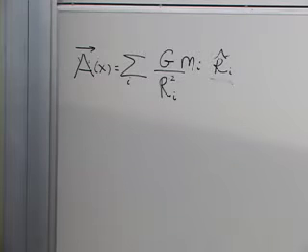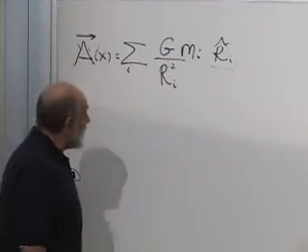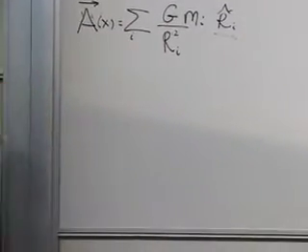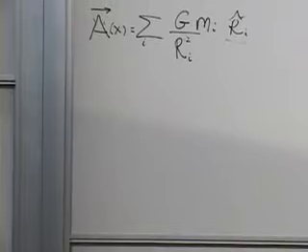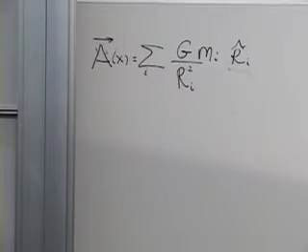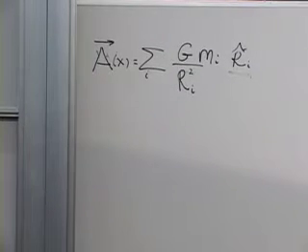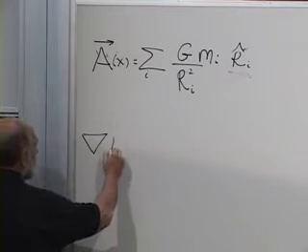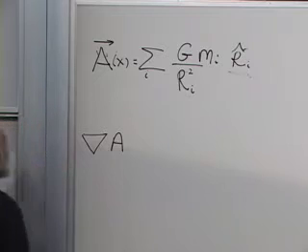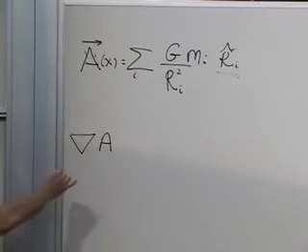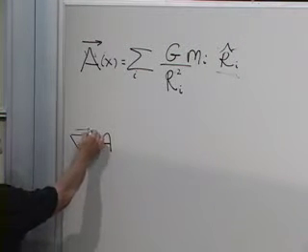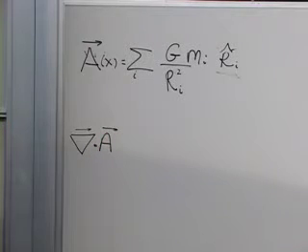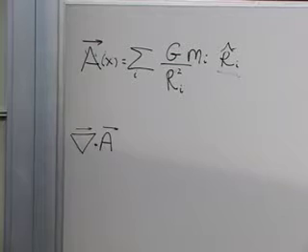All right, there's a way to summarize this, which is neat. We talked about it last time. I'm not telling you anything I didn't tell you about last time. But the way to summarize it is in terms of the divergence of A. Let's look at the del dot A. That's the divergence of A. And let's just take a simple case.